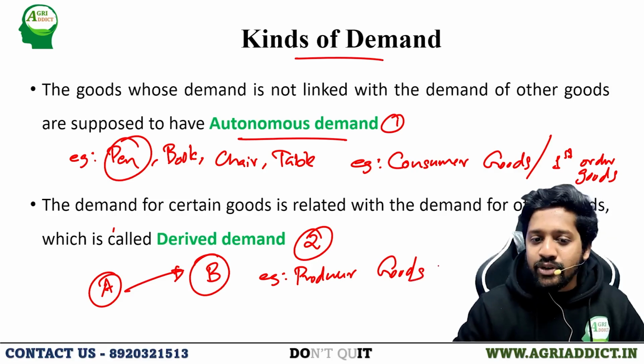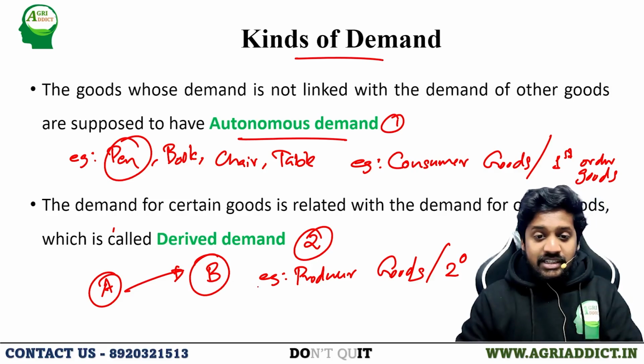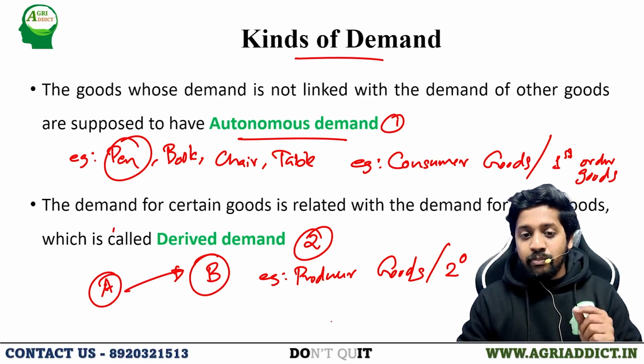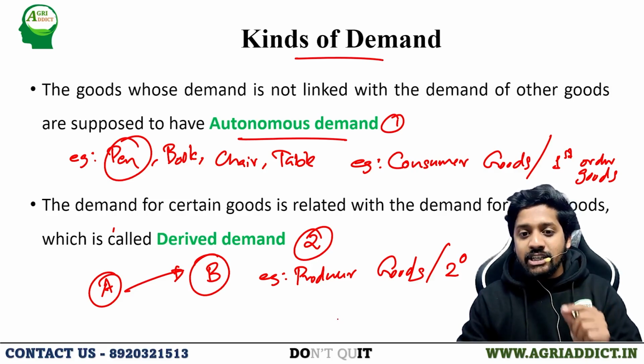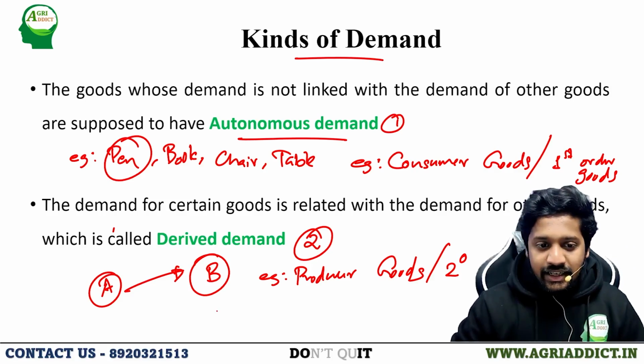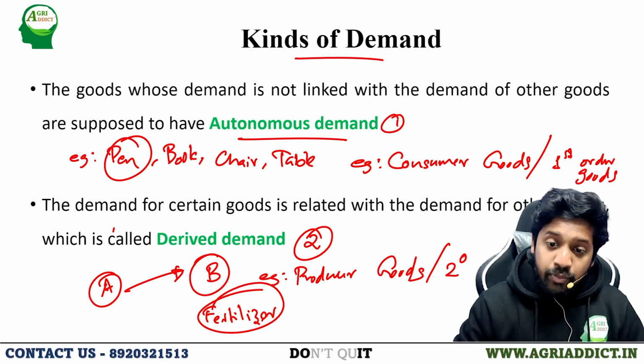What are producer goods or second order goods? Those commodities from which the utility can be derived by the consumer, but the utility derived will in turn depend on other objects, right? For example, what about fertilizer? I am going to produce some rice.